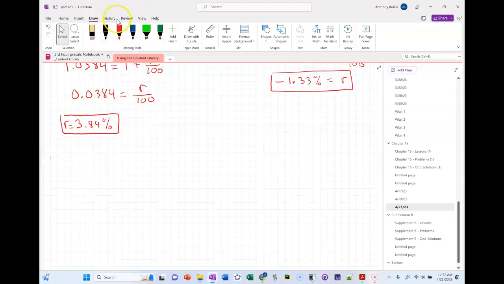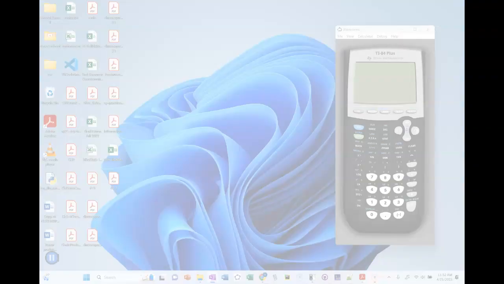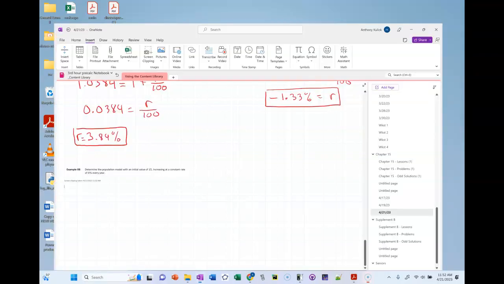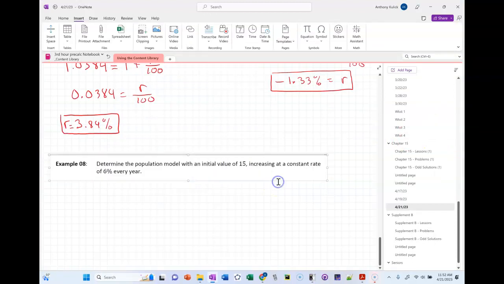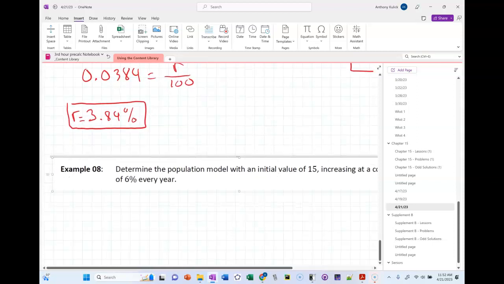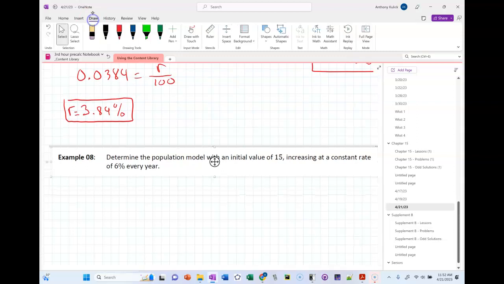Okay. Let's do another example using this model. So this time we're going to give you the situation and ask you to write your own model. So it says, determine the population model.